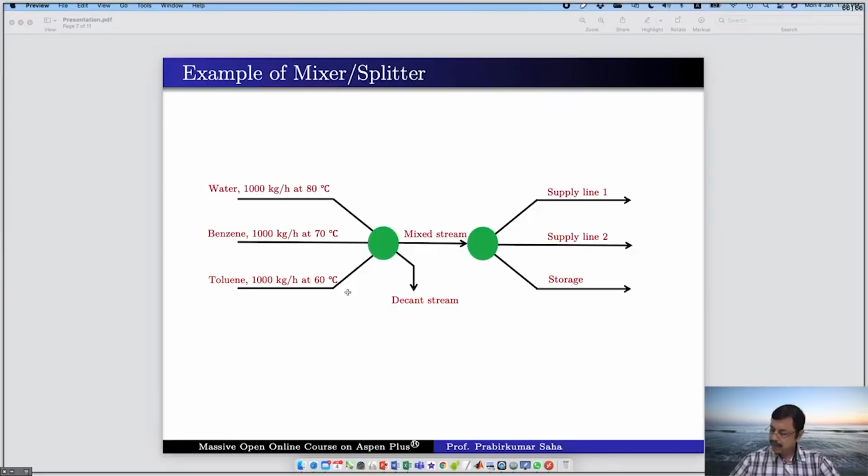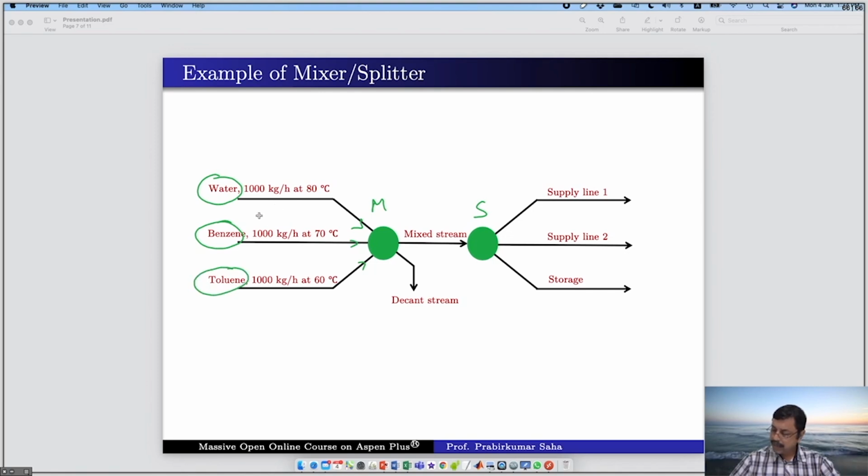Now let us take the example of mixer and splitter. Here we find one mixer and one splitter. As you can notice, three streams are merging into this mixer. One is water, the others benzene and toluene.